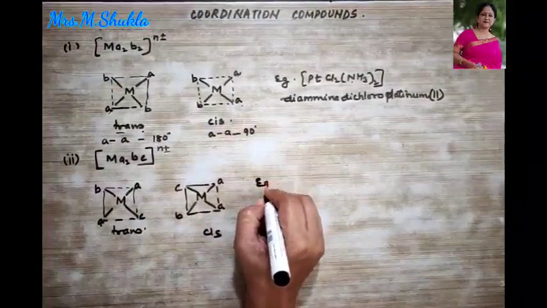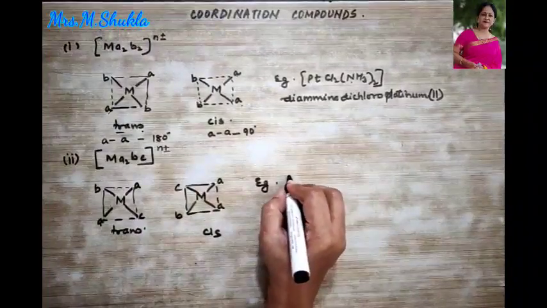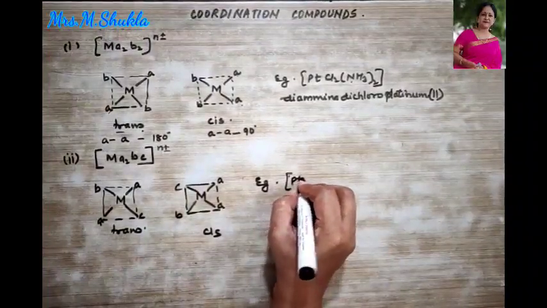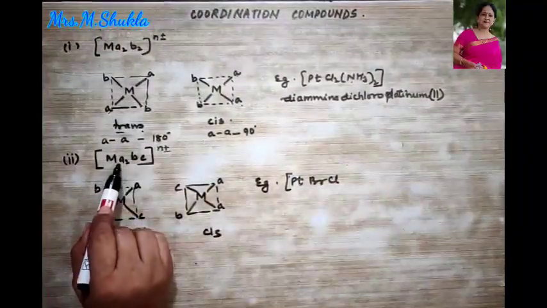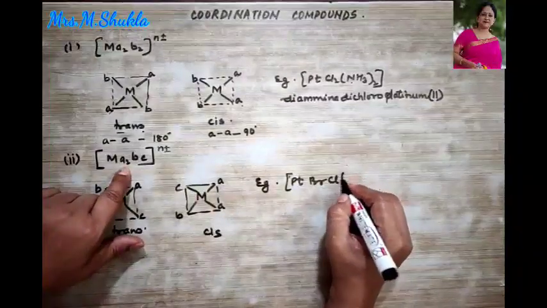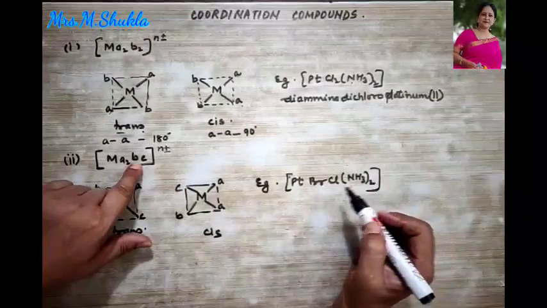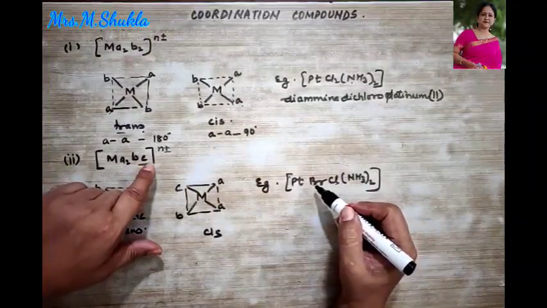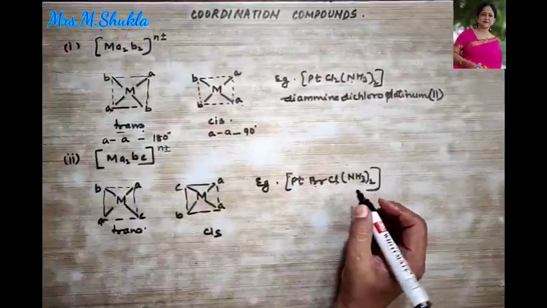Let's take an example of this kind of complex, like it could be platinum. If A2 is there, I take NH3 twice. B is your chlorine and C is your bromine. So what do we name this as?